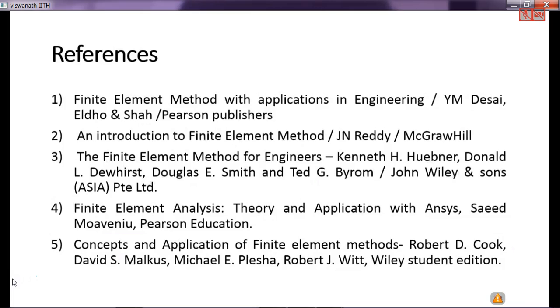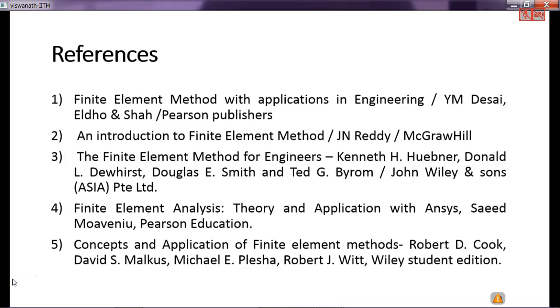The reference textbooks consist of the following: Finite Element Methods with Applications in Engineering by Desai, Eldho, Shah, Pearson Publishers, and Introduction to Finite Element Methods by J.N. Reddy. He's a very popular author, and I think this book is quite popular in India.